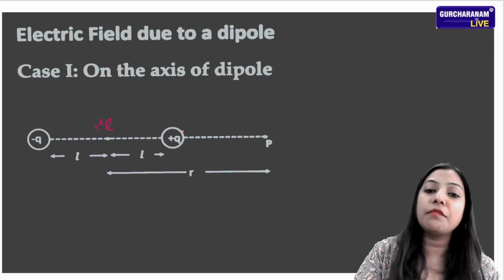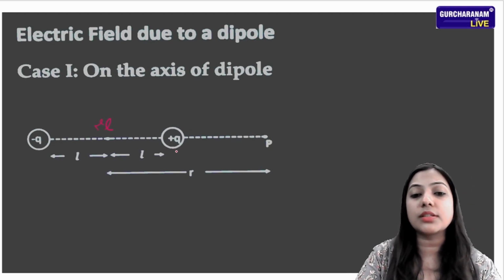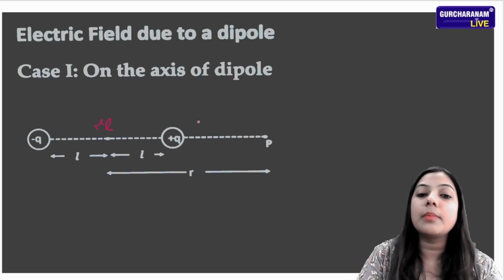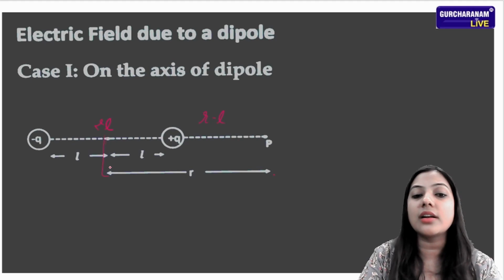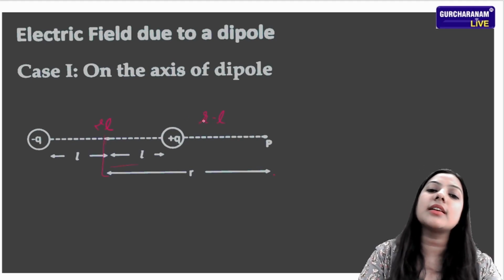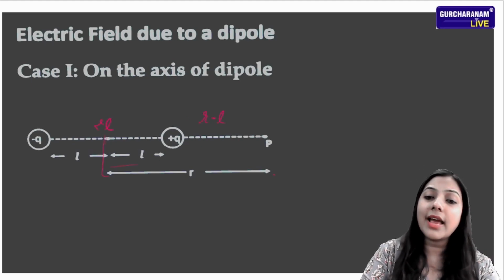So if we want to find the distance between plus q charge and P, it will be r minus L, because the distance from the center of the dipole to point P is r, and the distance from the center of the dipole to plus q charge is L. So this is r minus L.